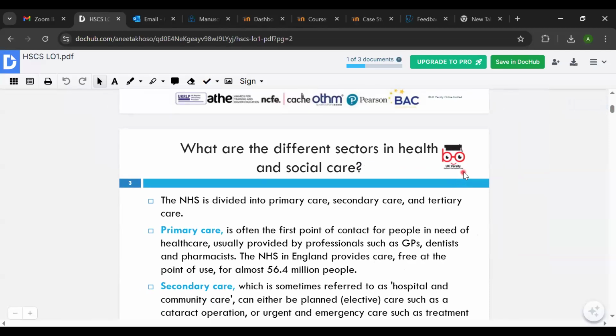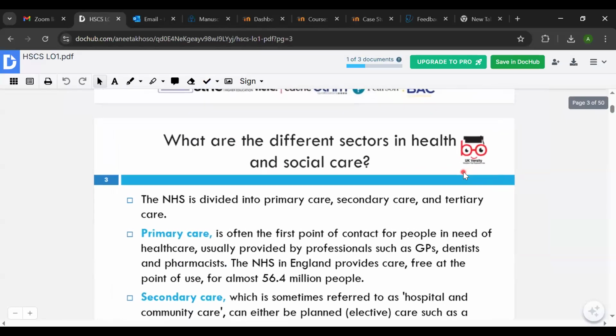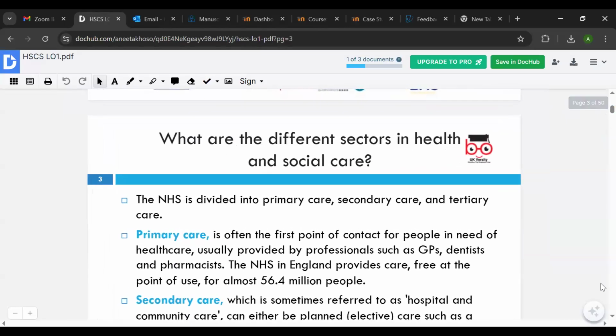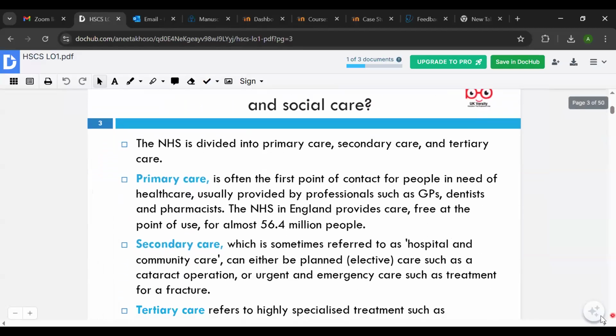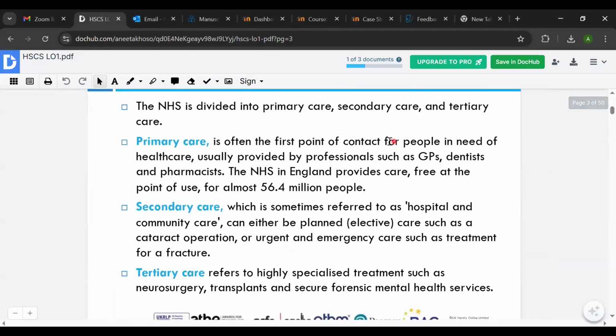We try to understand how the NHS is divided and how it works. The NHS is divided into primary, secondary, and tertiary care. The structure varies a bit in different countries, but primarily it's always the first line of care, where the GPs, the dentists, and the pharmacists see you when the cases are not complicated.